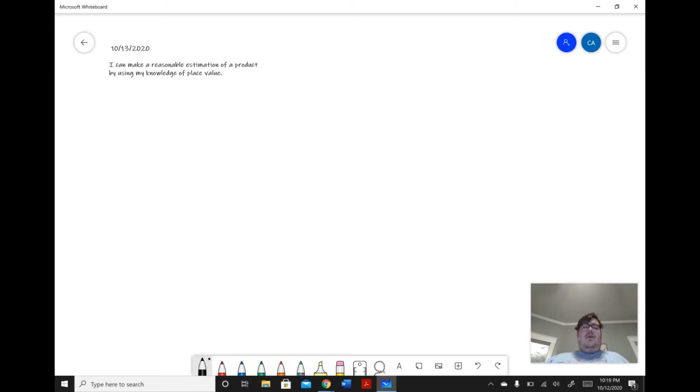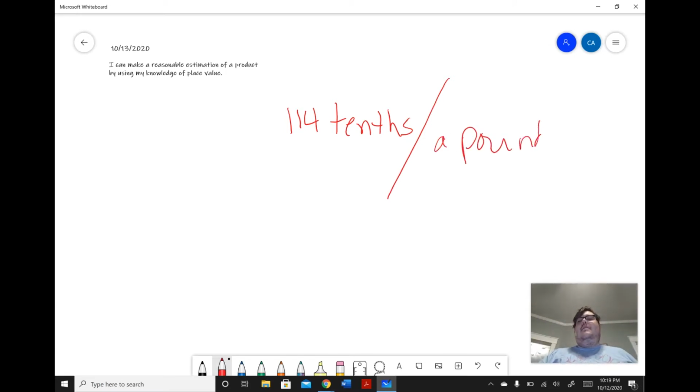So what I said was that I know that Earl the Squirrel needs about 114 tenths of a pound of squirrel feed every day. We know that that's what he needs. And I said I'm only going to feed him 4 days this week. He doesn't need to be fed every day. So he's going to be fed 4 days this week.